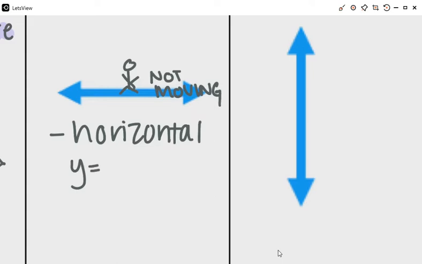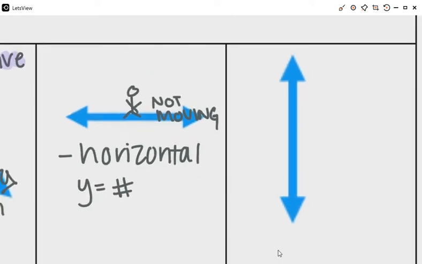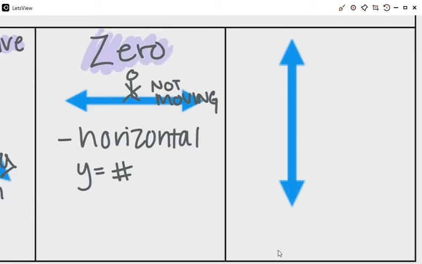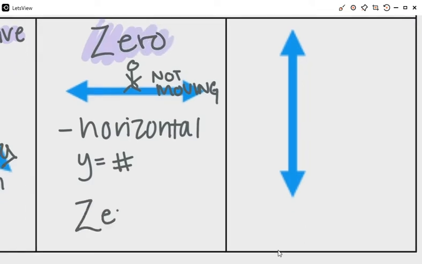Horizontal lines are always going to be written as y equals some number. Since you're not moving at all, this is a 0 slope. My little trick for this is actually not the person, but if you write the word 0, you can draw horizontal lines through the Z.